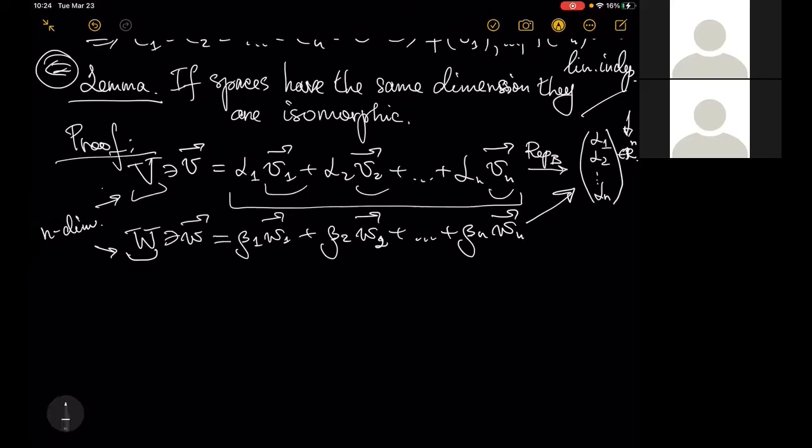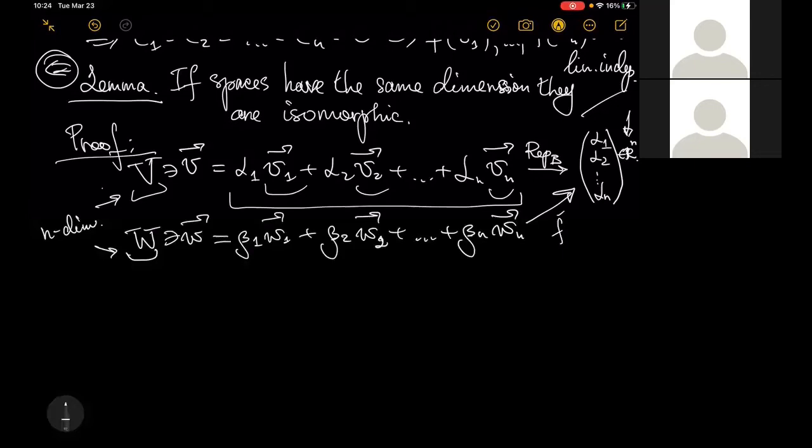But then I know that I can consider inverse transformation, inverse map, which also is isomorphism, as I have shown before, right?